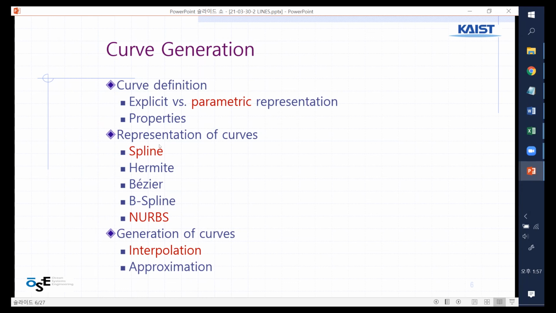And then there are mathematical equations such as the cubic spline, Hermite spline, Bezier spline, B-spline, and finally NURBS. NURBS we have already seen. These methods are named after the people who developed these ideas in history. And finally, we need to generate a curve by using interpolation or approximation.